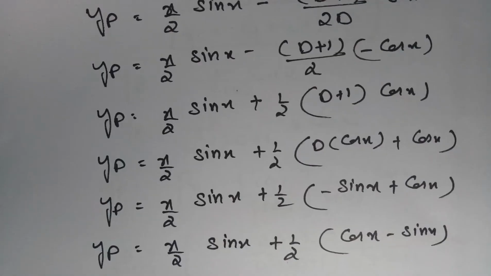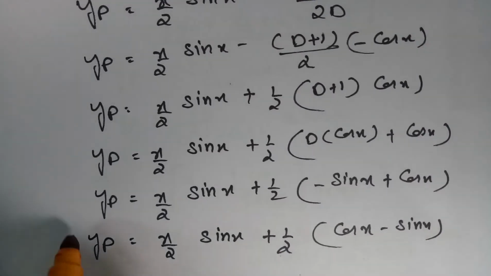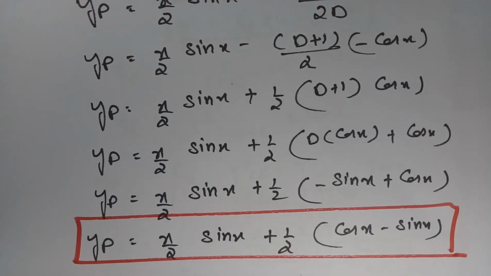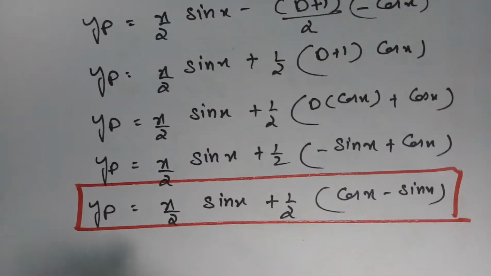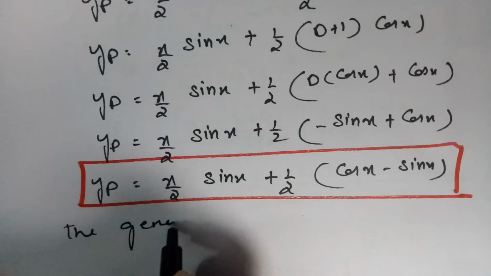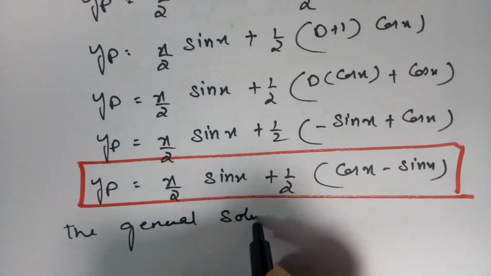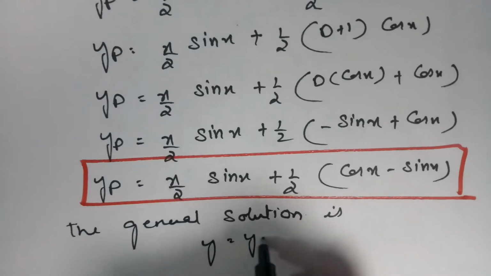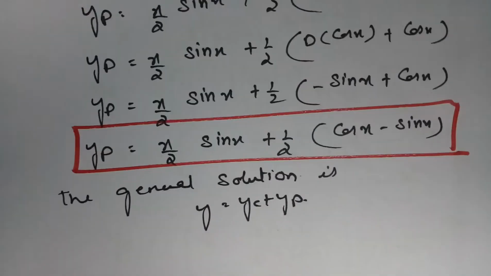So this is how we got the yp value. Here yp I got as x by 2 sin x plus half times of cos x minus sin x. Therefore, after getting the particular integral, what is the general solution? The general solution is y is equal to yc plus yp.